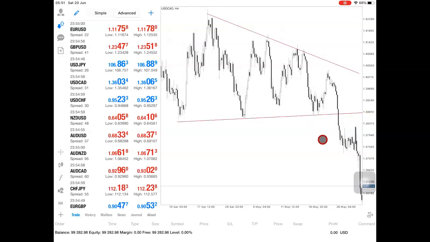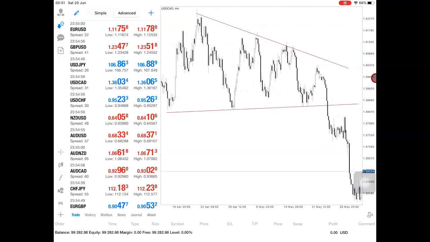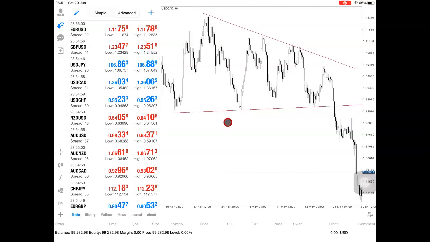What I just drew here, in between this and this, looks like a triangle. You will see another video where we discuss triangles and how to trade them. But for you to even draw your triangles, you need to know how to draw your trend lines effectively. It's touching the trend line here and here, but it's not touching the trend line here.